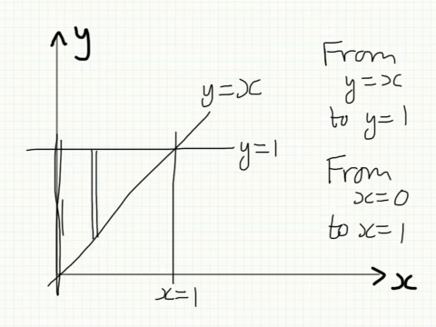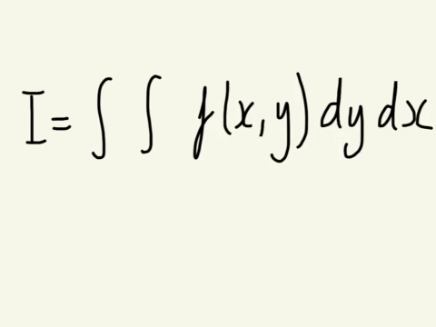So let's just think about putting those limits onto our integral. So we've said we're going now from y limits from y equals x up to y equals 1, and then adding together all the little strips from x equals 0 to x equals 1.